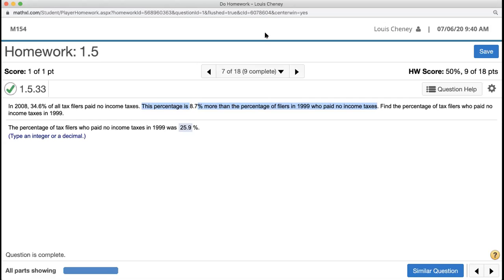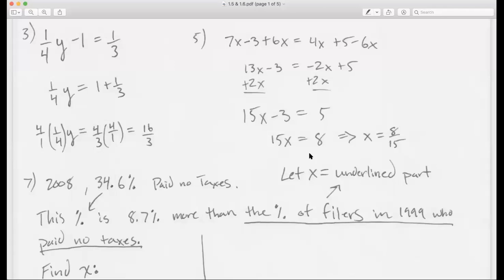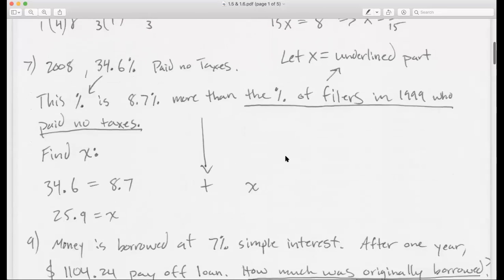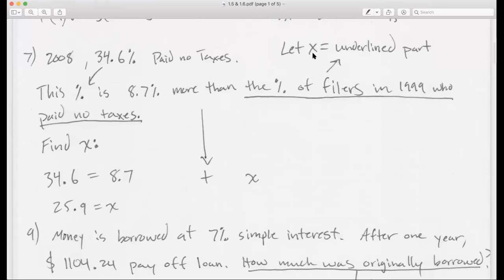So now let me show you my scratch work. Okay, I wrote down the important information. I'm saying let x equal the percentage of filers in 1999 who paid no taxes. So now the equation we come up with from that highlighted sentence is 34.6 equals 8.7 plus x.